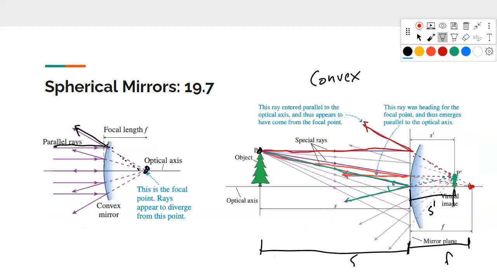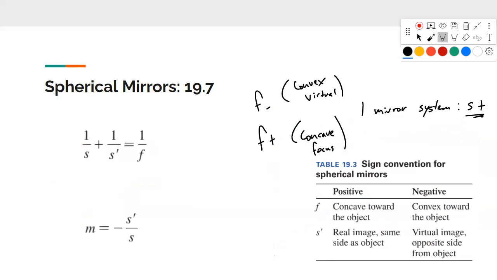Whereas in this situation, we have a virtual image where the two are on opposite sides. The object is on the left of the mirror, and this virtual image, which isn't really there, it's just a product of how our eyes interpret things, is on the right side. And so that's reflected in the plus and minus signs of the image length.